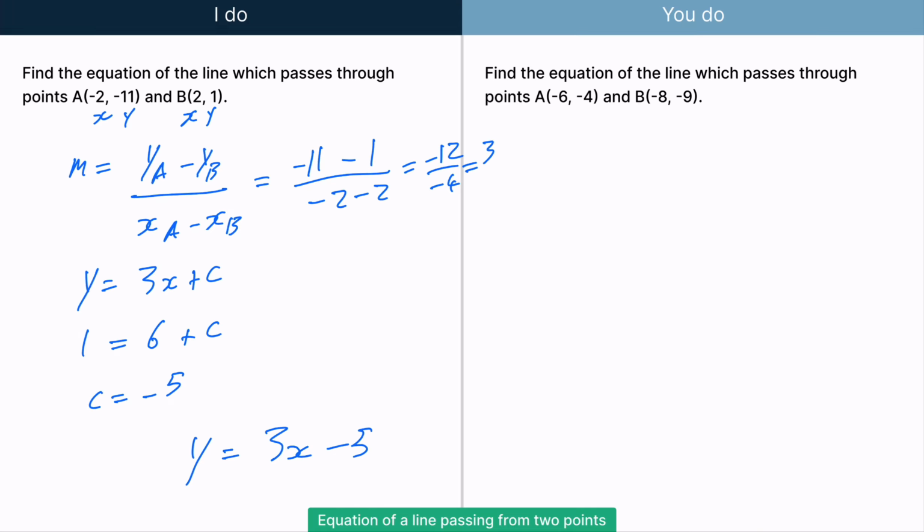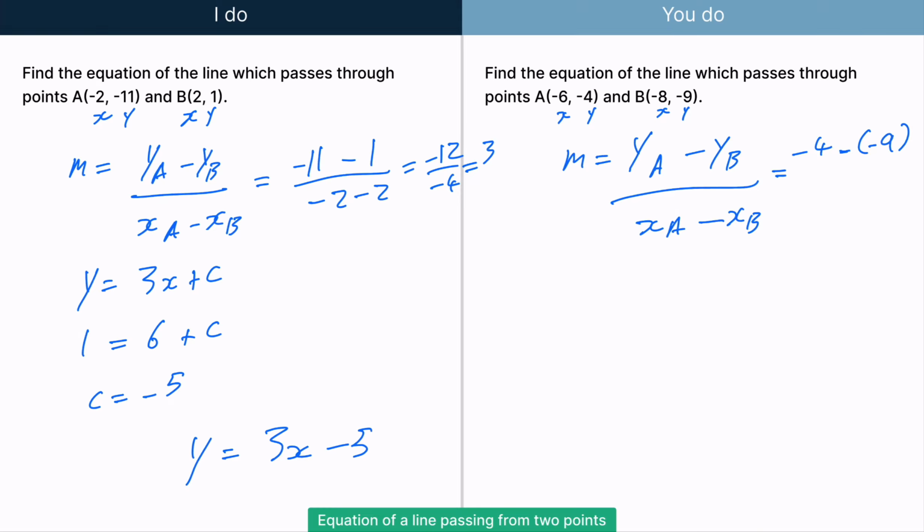So again, hopefully you pressed pause and had a go at this example on the right here. So depending on which way around you did it, you would get the exact same answer either way. I'm going to go with a take away b and a take away b here. So that would then, for me, become minus 4 minus 9 over minus 6 minus 8.